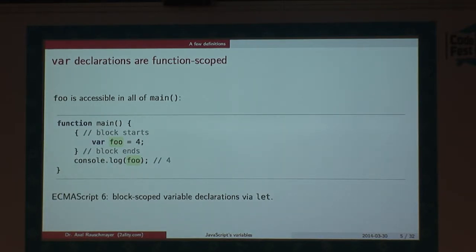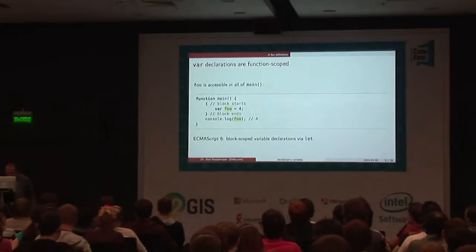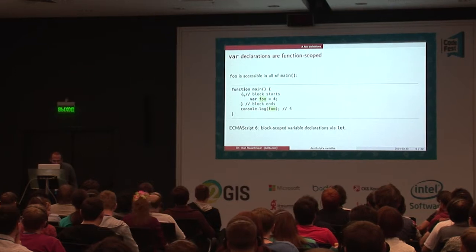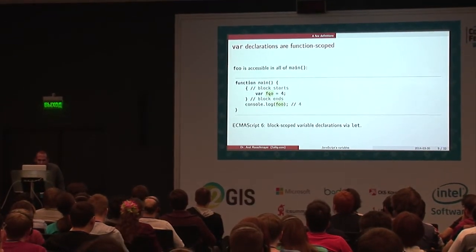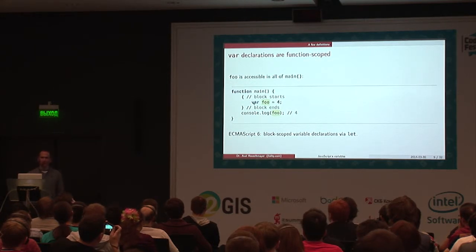And var declarations in JavaScript, that's kind of a weird thing, are function scoped. In other programming languages, what you have is block scoping. So here you have a block, and you have a variable in there, and in block scope languages, foo would never leave the block.